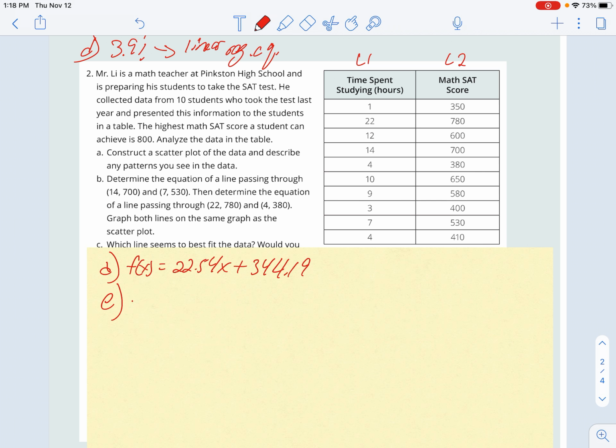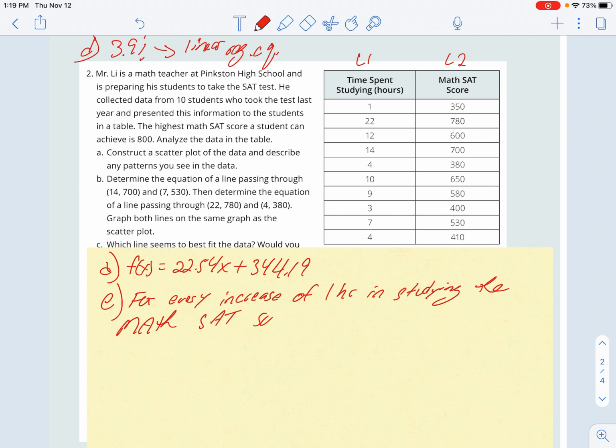So for letter E, for every increase of 1 hour in studying, the math SAT score will increase by about the slope, about 22.54 points.